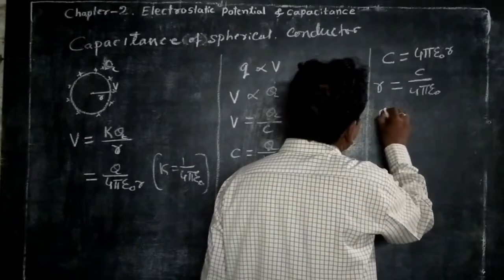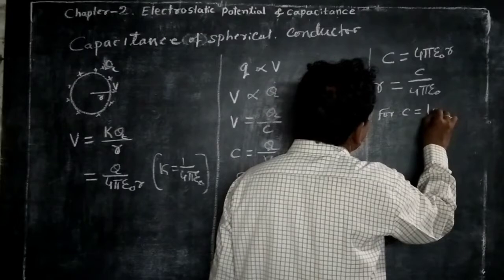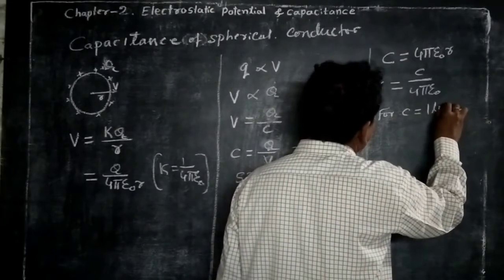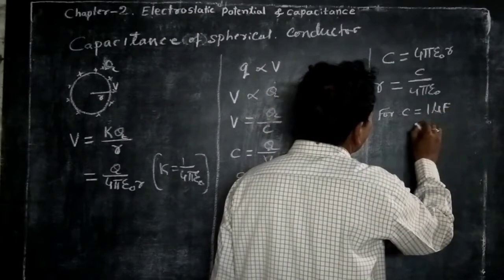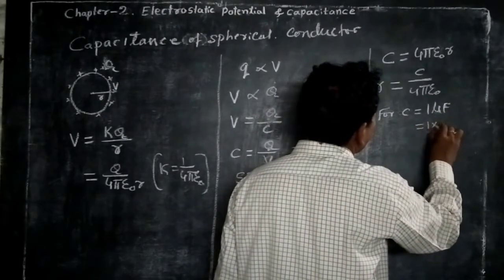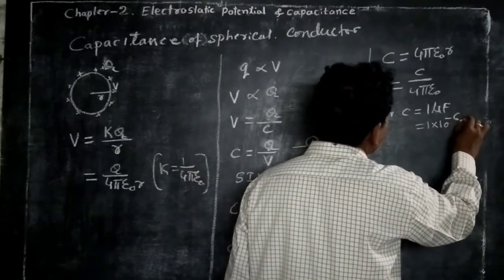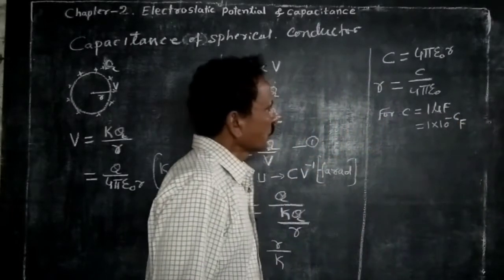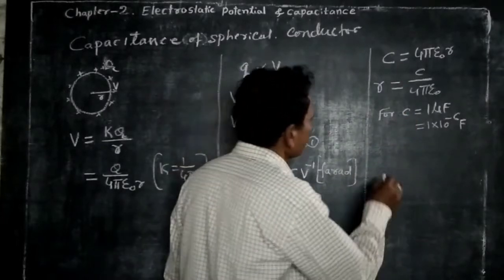For C equal to 1 microfarad, and 1 micro equals 1 into 10 raised to minus 6 farad. Substitute the value of C in the above equation.